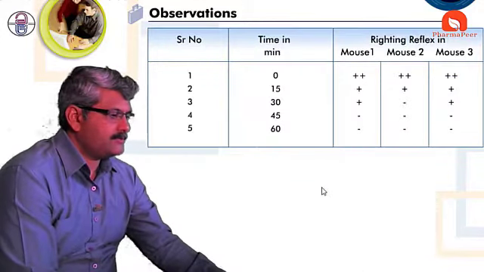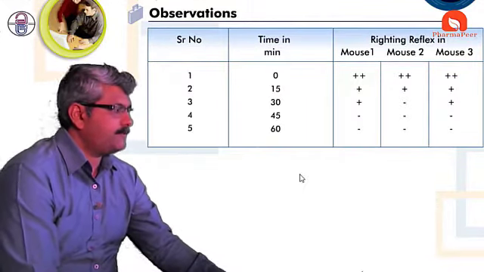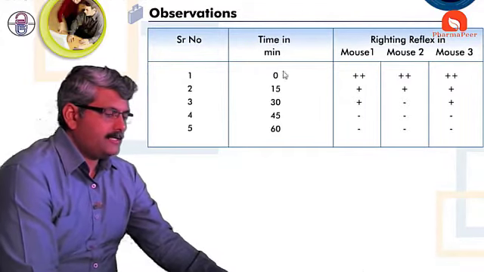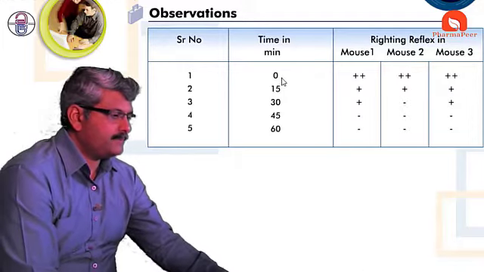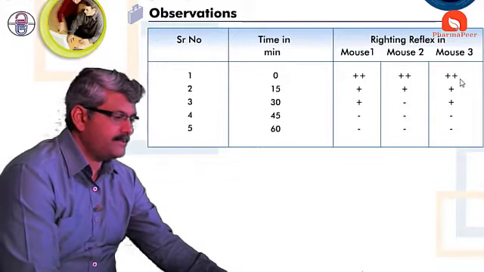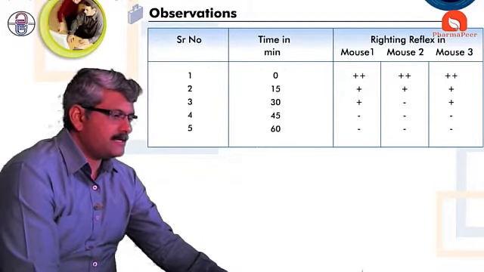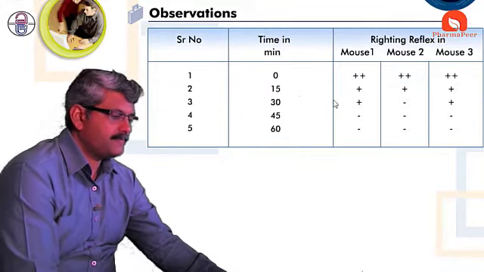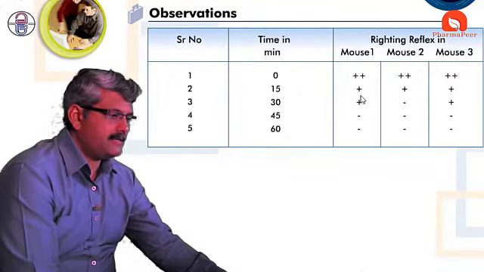Then let's see the observation table. In this observation table, at the initial level at 0 minutes, we check the writing reflex with mouse 1, mouse 2, and mouse 3. The writing reflex is present in all animals. After 15 minutes, we find that the writing reflex decreases a little bit.